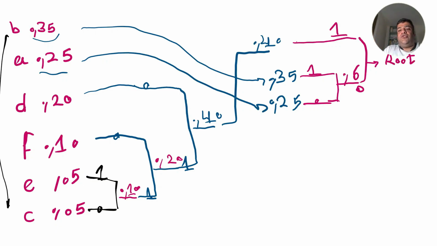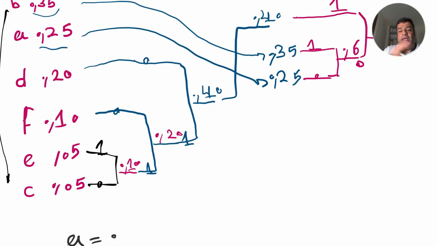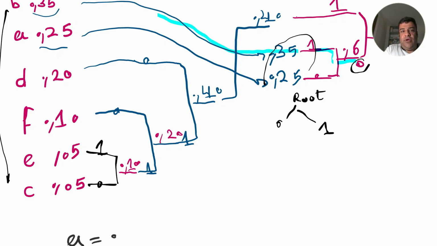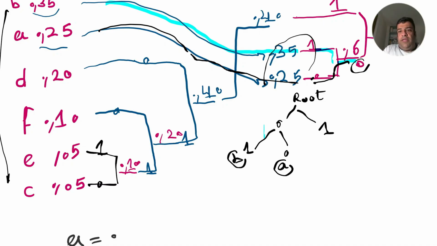Okay. Let's draw our tree step by step from this information, starting with the root. 0, 1. When we are on the 0 branch, we have two values, 0 and 1. This branch is 0, and I branch again. 0, 1, that is B, and 0, 0, this branch goes to A. 0, 0 is A. But we are on branch 1.